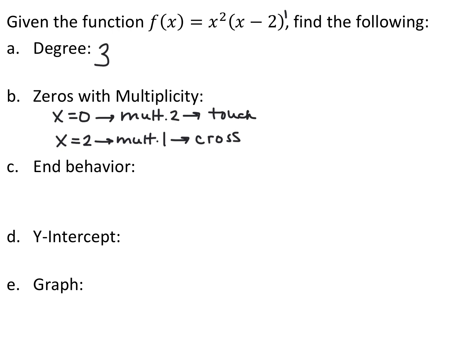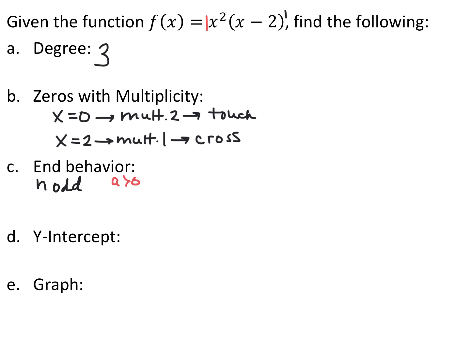So looking at end behavior, our degree is 3, which means we have an odd degree. And then our a value is our leading coefficient, and there's an invisible 1 in front. So that means that our a value is going to be greater than 0. It's not negative.